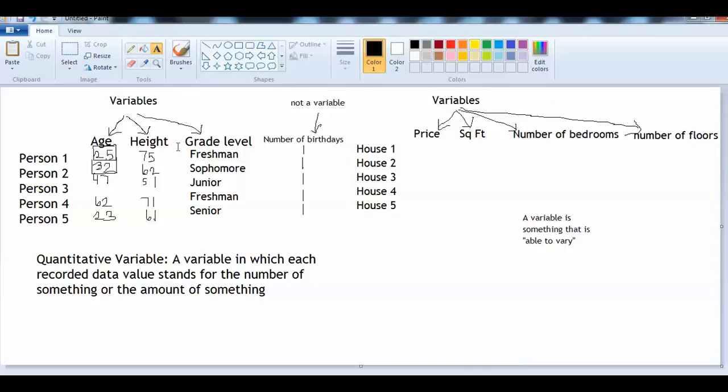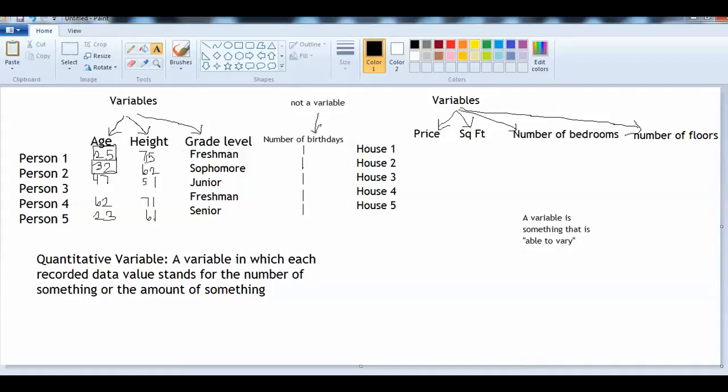What about income? Income is quantitative because each person's income would be the amount of income that the person is earning.